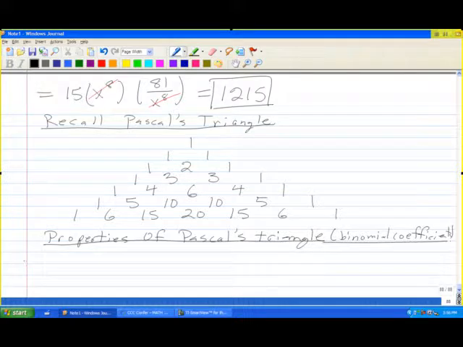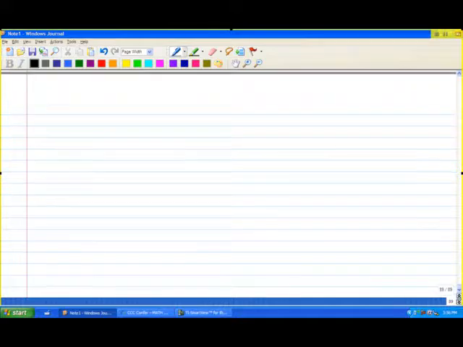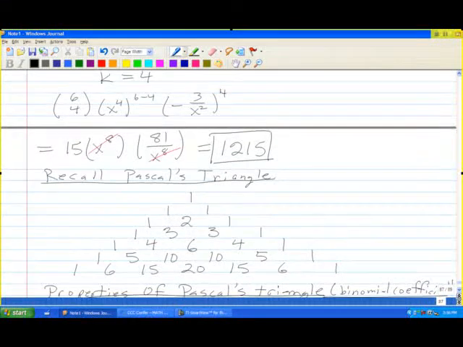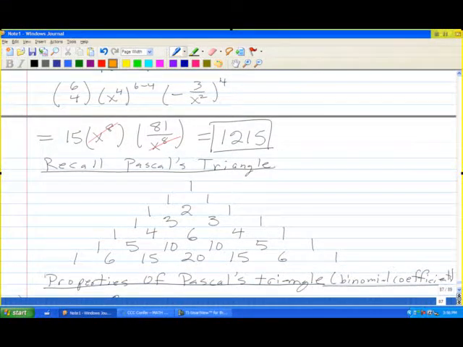And so the first is that nC0 is always equal to 1. And so this says here that all these numbers are always equal to 1. Okay.